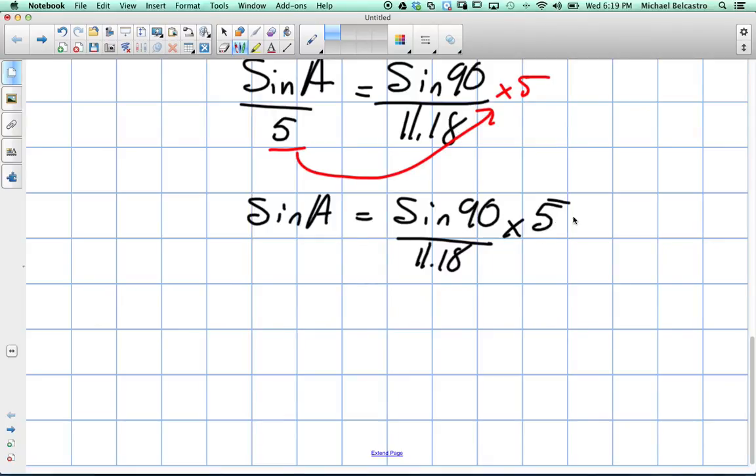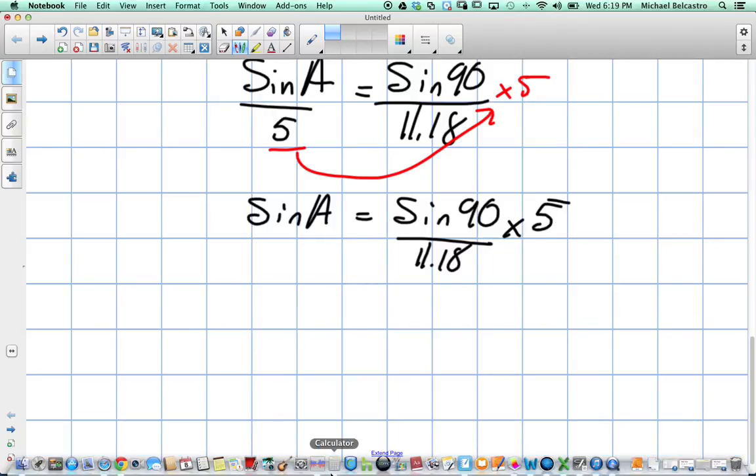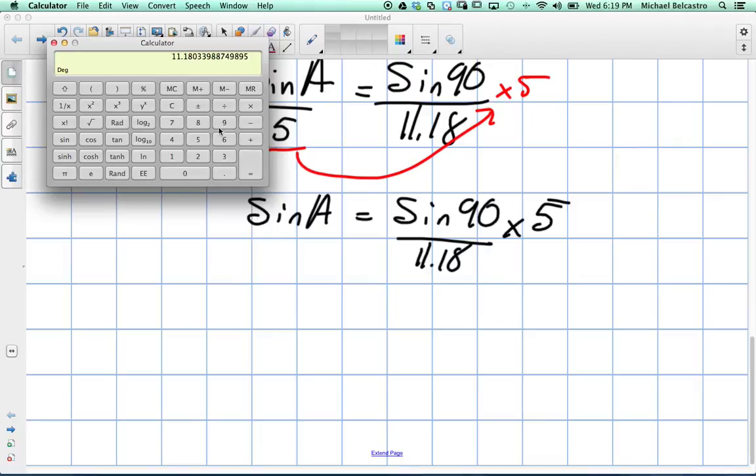Now let's equate all this. Let's do the sine 90 first. Sine 90 is 1, divided by 11.18, and then times 5, which is 0.44722.